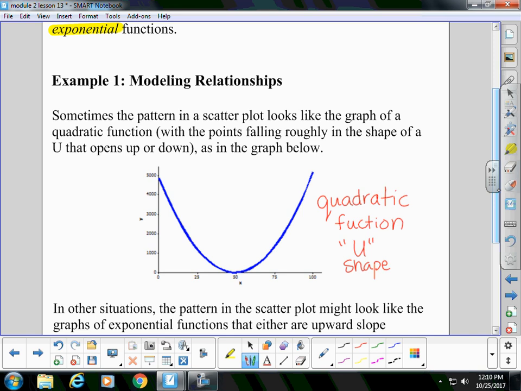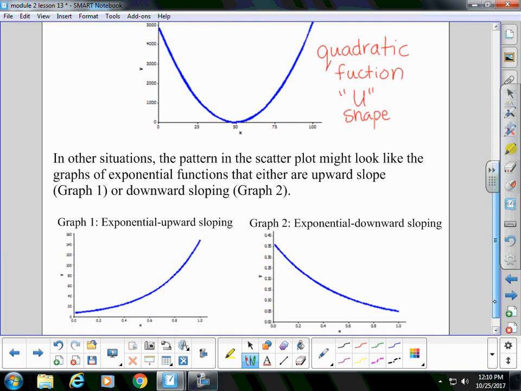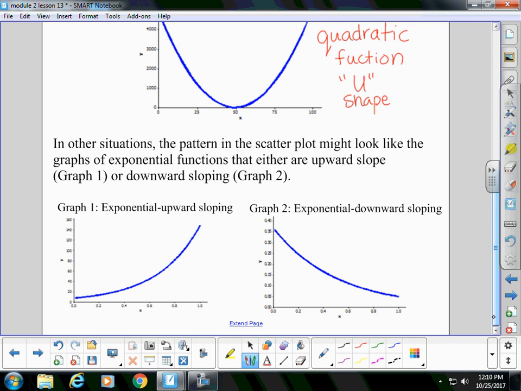In other situations, the pattern of the scatter plot might look like the graph of an exponential function that has either an upward slope or a downward slope. So in this case, these two graphs here are what we call an exponential function, and this one is also.